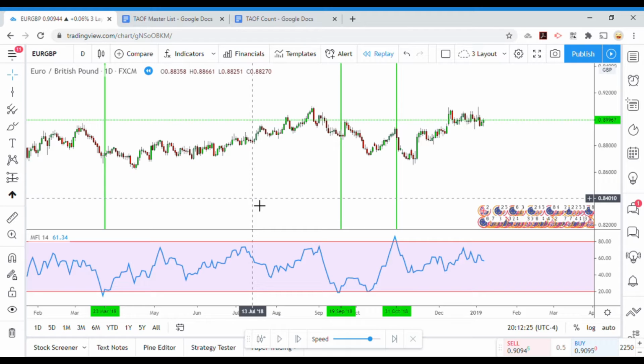Obviously, it would need to be tested across other pairs to see if it can still achieve the same win rate, or even within this pair itself, it would need to be tested across multiple years to determine if it could continue to sustain the 100% win rate. My guess is that it won't be able to.